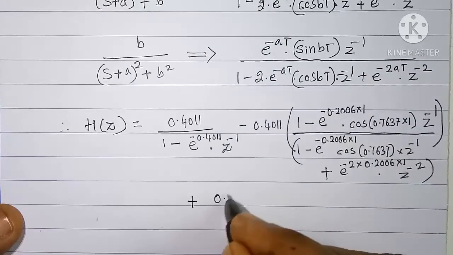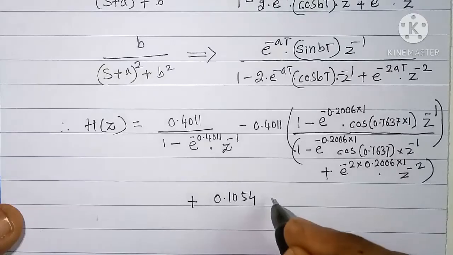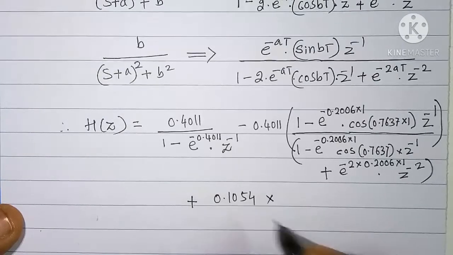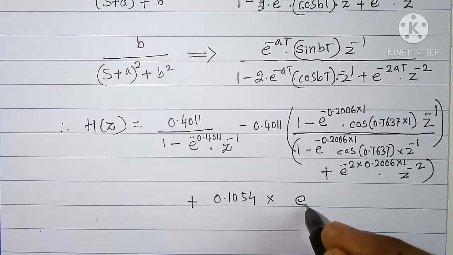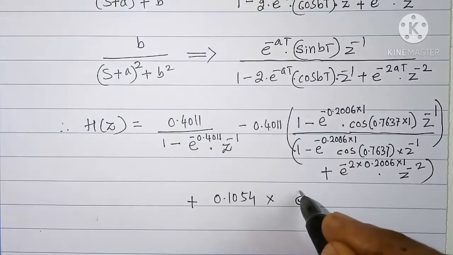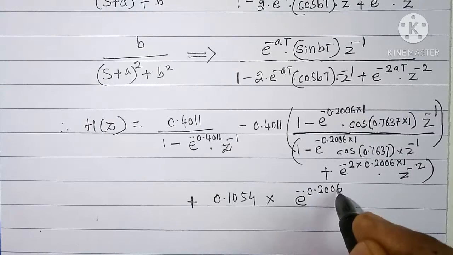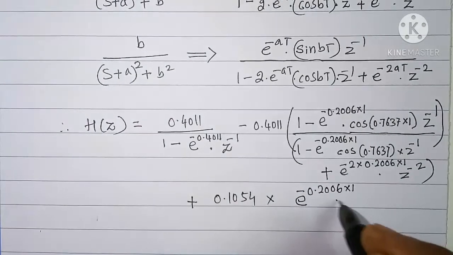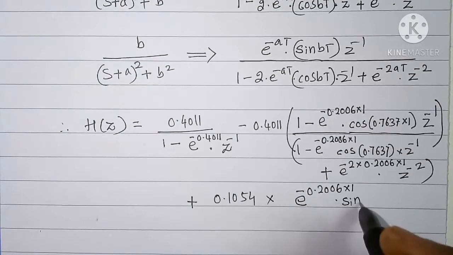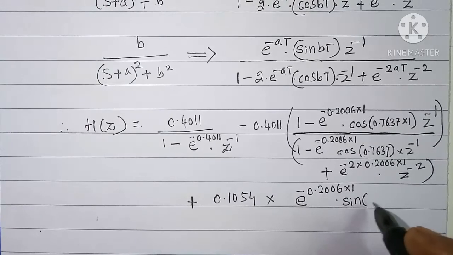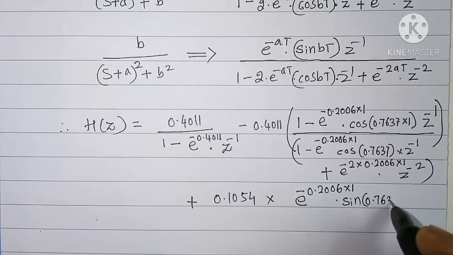Plus 0.1054 into e raised to minus 0.2006 into 1 into sine of 0.7637 into 1.